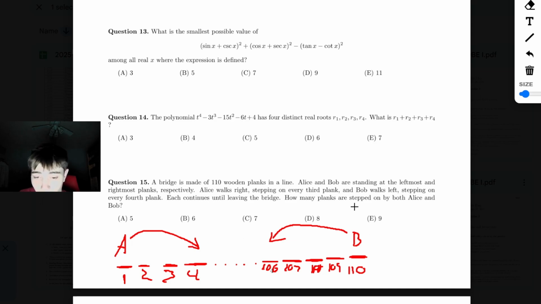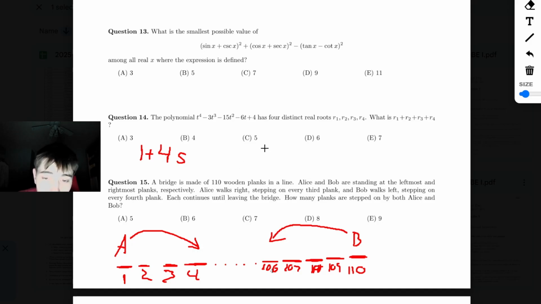Bob is going to step on the 110th plank, the 106th plank, the 102nd plank, etc. So Alice is going to step on the first one, and then for however many steps she's on, so if she's on step 0, then she'll have moved 0 times 4 spaces to the right. But if she's on step S, she'll have moved 4 times S spaces to the right. So she'll step on all of the planks of the form 1 plus 4S.